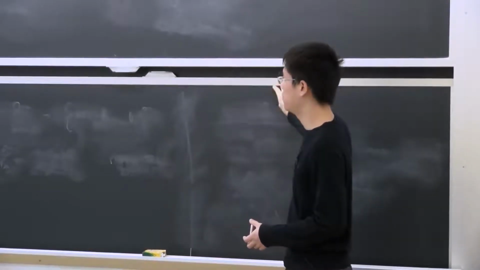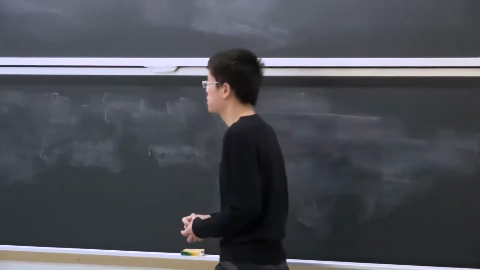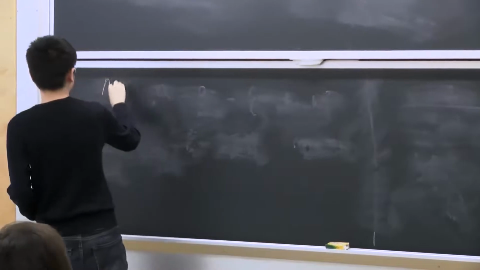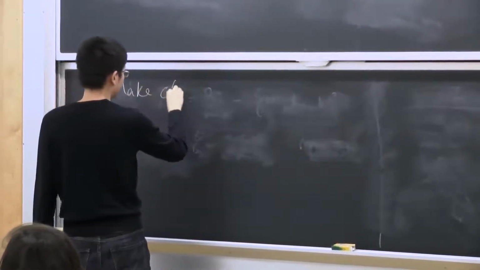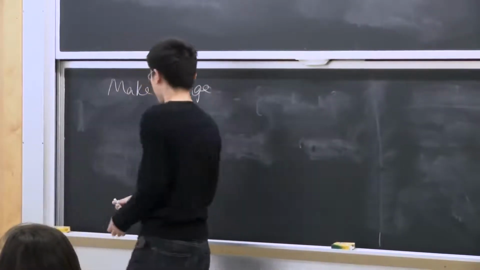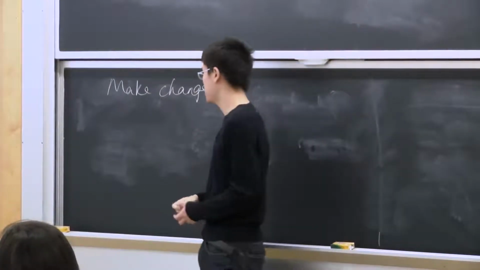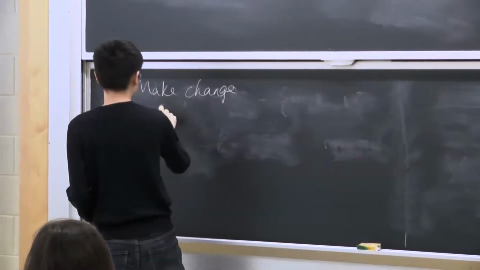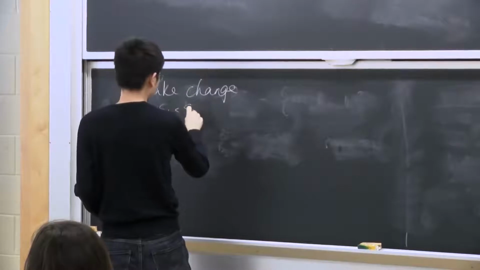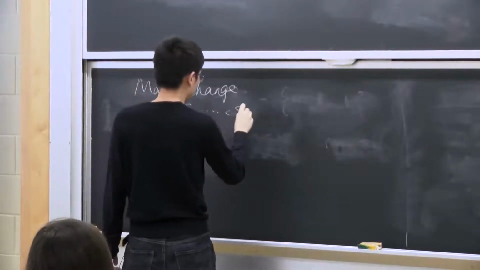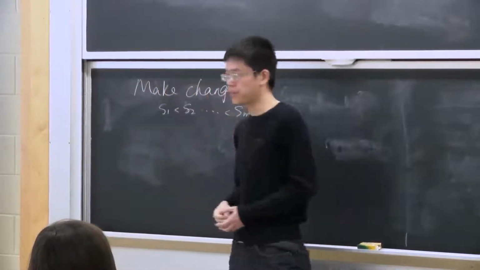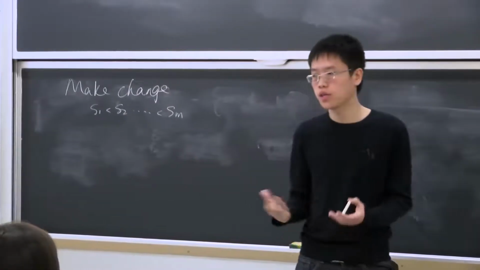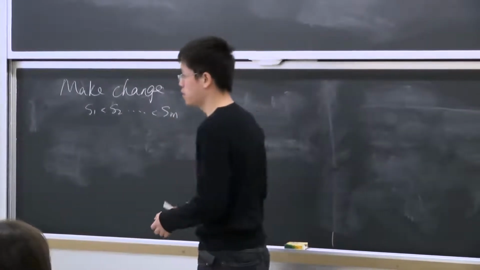Now let's look at some more complicated examples. Our first one is called make change. As its name suggests, we have a bunch of coins, S1, S2, all the way to, say, SM. Each coin has some value, like 1 cent, 5 cents, 10 cents.